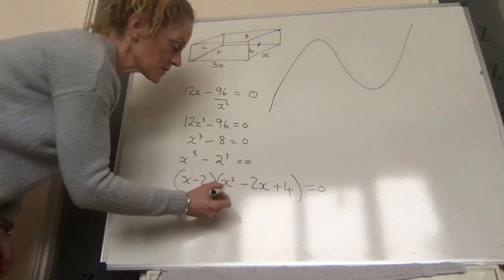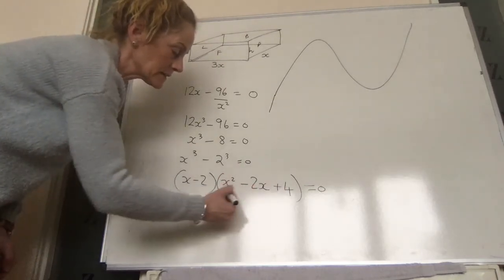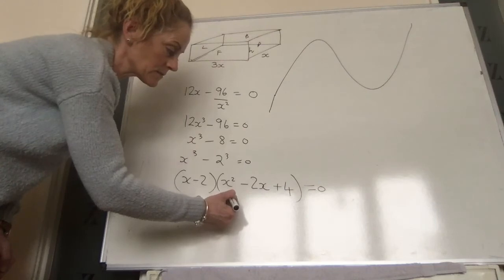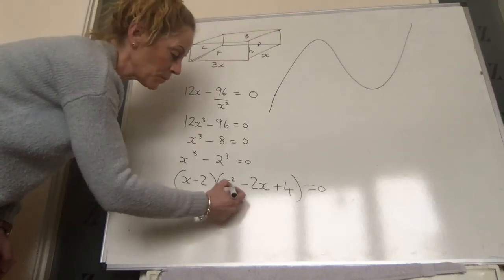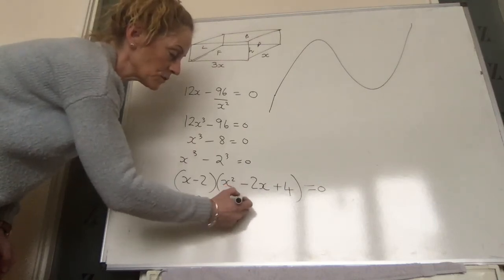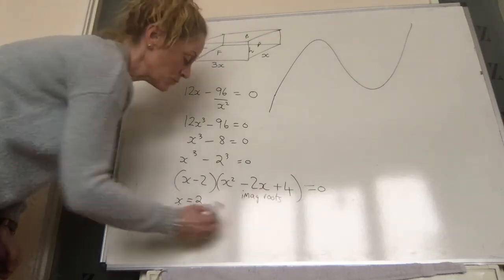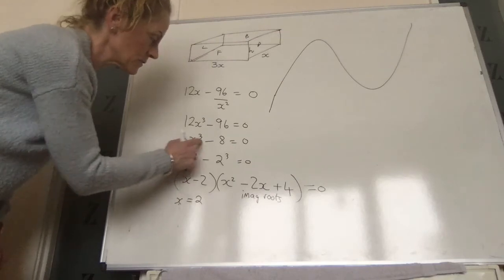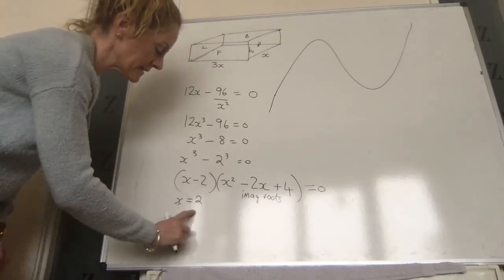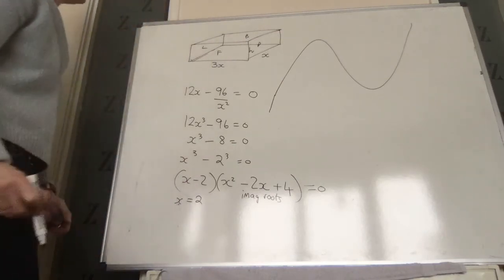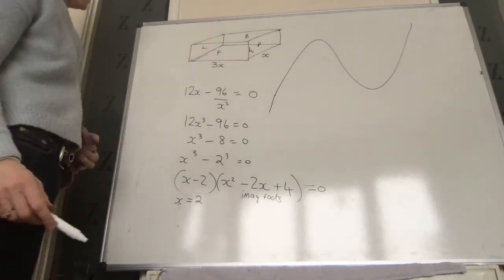The other answers would be the solution to this quadratic, but when you factorize this, you will find that you only get imaginary roots. So there is only one real answer to x cubed minus 8 equals 0, and that is x equals 2.